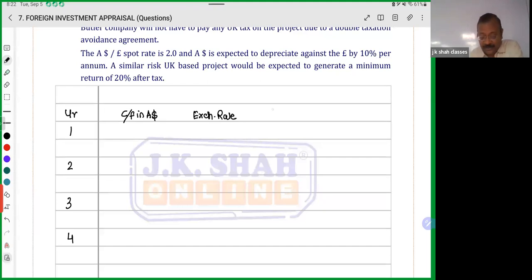And then you will have another column which would be pounds, which you will discount at 20%, and this should give you the answer. These are the columns. Now, what will be the cash flow in Australian dollars?